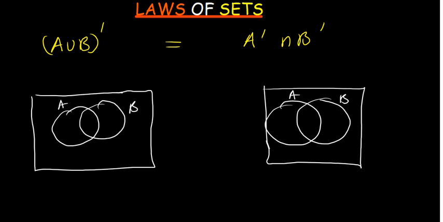Okay, so we know what A union B means. A union B means everything in A and in B, but we want the complement, meaning what is outside that. So what we are going to shade is what is outside here.